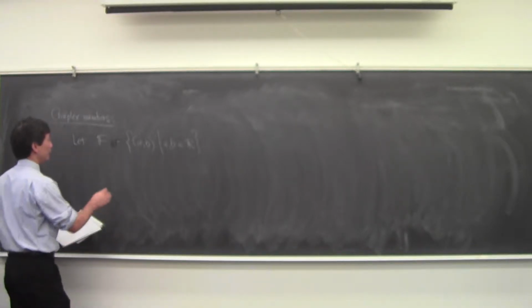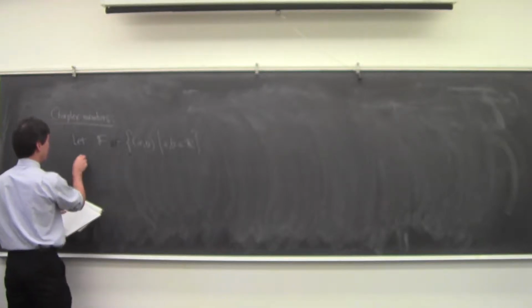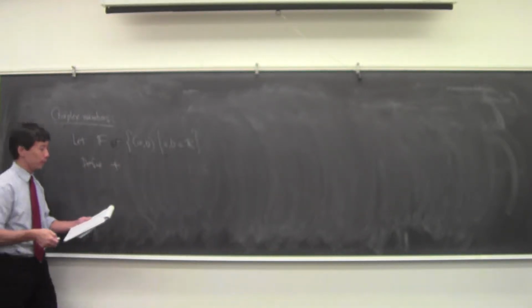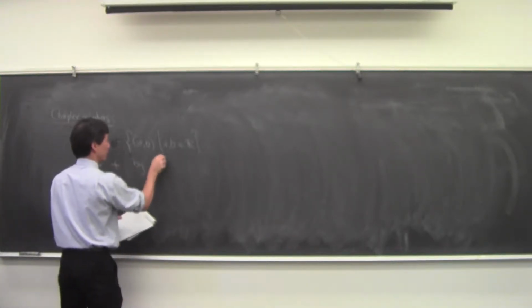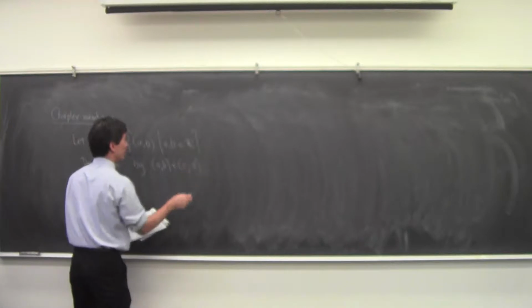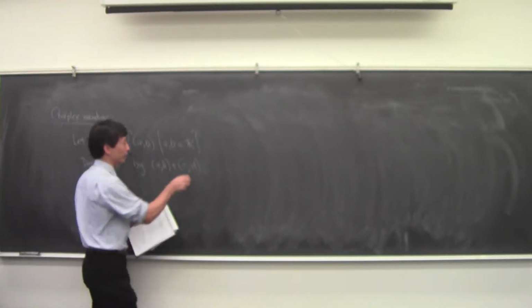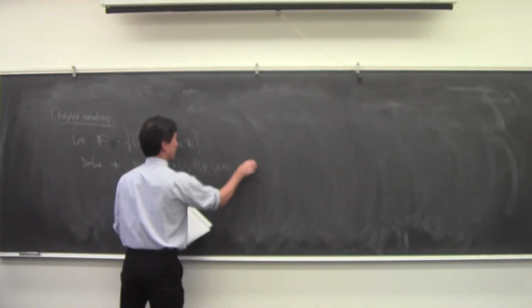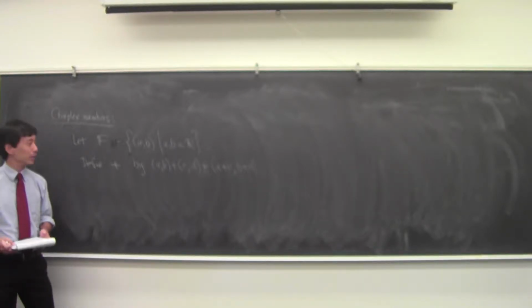Okay, and we define plus on this field by saying that the sum of two of the elements is defined component-wise. So this is going to be A plus C, B plus D. And that's going to be our sum.